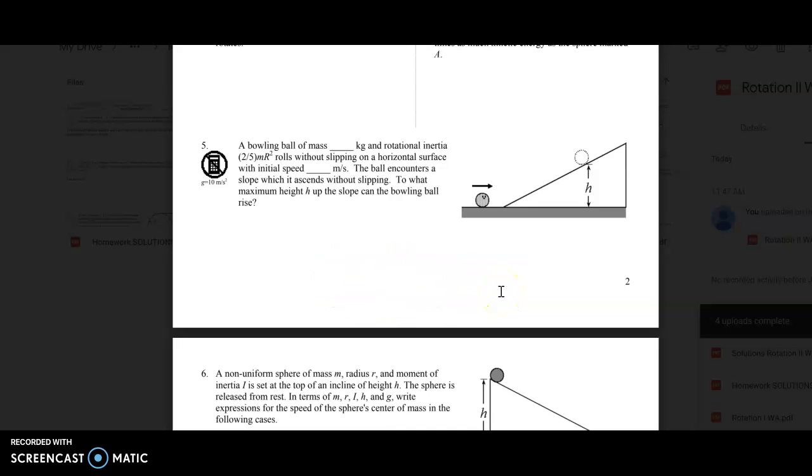So if I have 100 joules of energy, in the first example, all 100 joules of energy can move the box, can translate the box. So the box can have a translational kinetic energy, 1/2 mv squared, of 100 joules. But if I roll a bowling ball, the translational kinetic energy, 1/2 mv squared, can only be part of the 100 joules, because I have to use some of that 100 joules to rotate it.